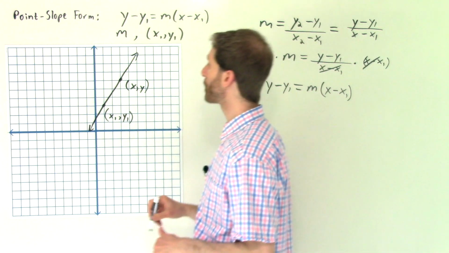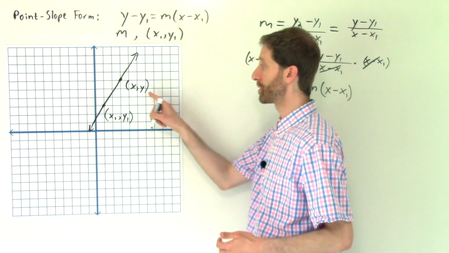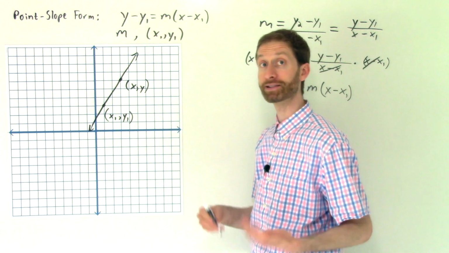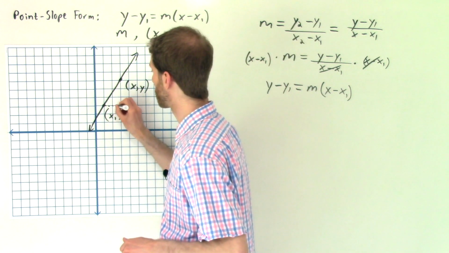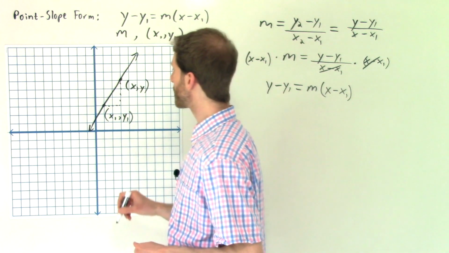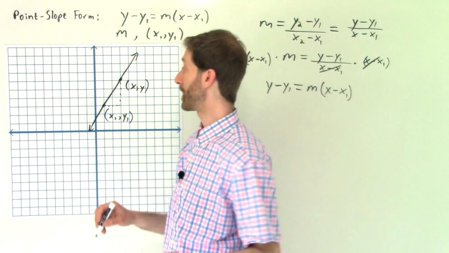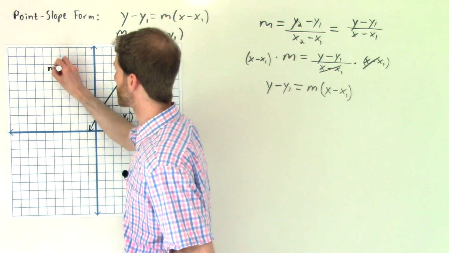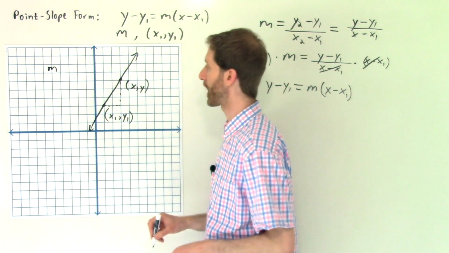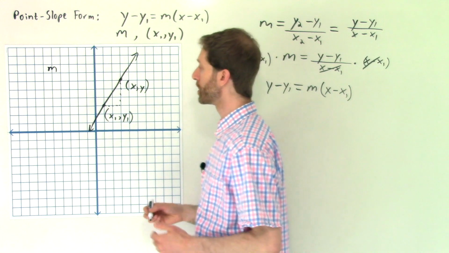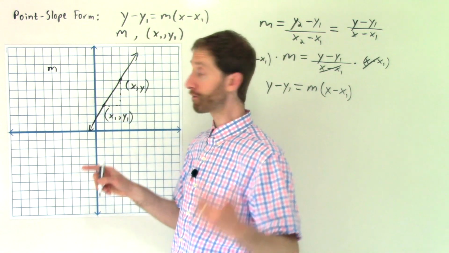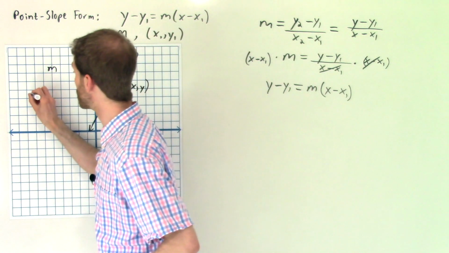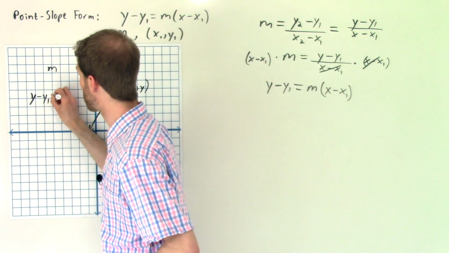So we already know what the slope of this thing's going to be. It's going to be y minus y1 over x minus x1. But let's take a look at it a little bit differently. Let's say that we already know what our slope is. Let's say that the slope is m. That's how fast we're moving on this line, right? The rate of change. So the change in y, how much difference we have in the y values, we know is y minus y1.